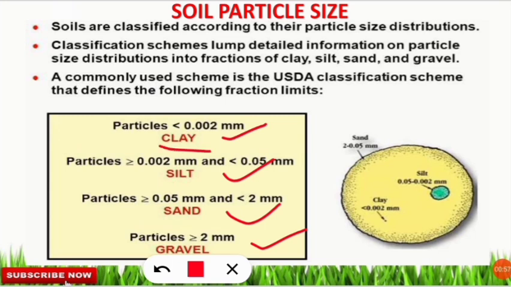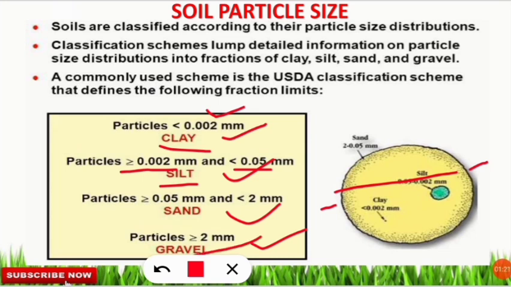Clay has a diameter of less than 0.002 mm. Silt has a particle size greater than 0.002 mm and less than 0.05 mm. Similarly, the sand particle, as shown in this picture, has a diameter between 0.05 and 2 mm.